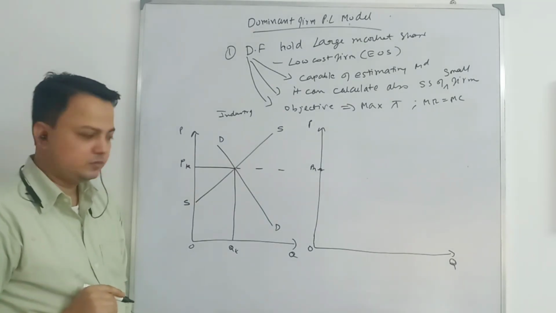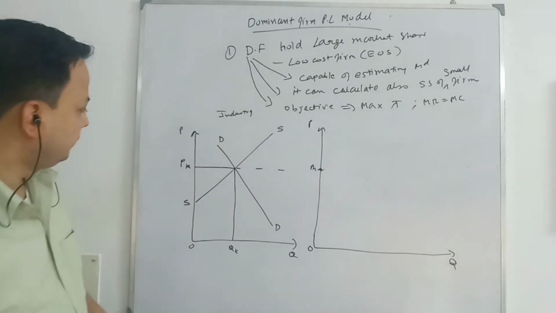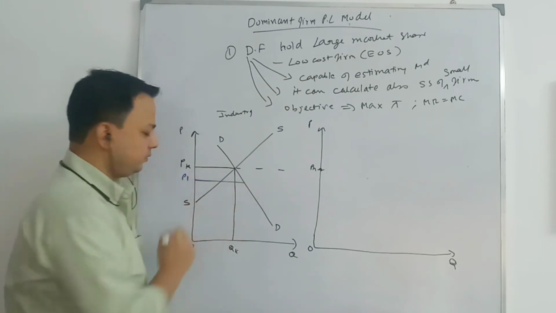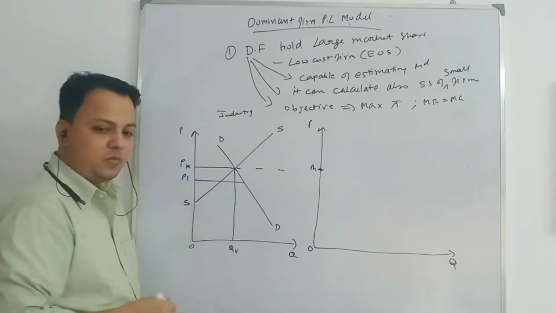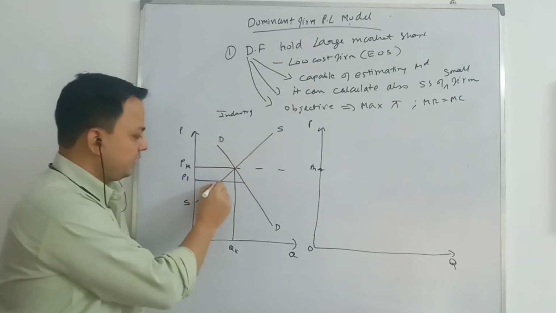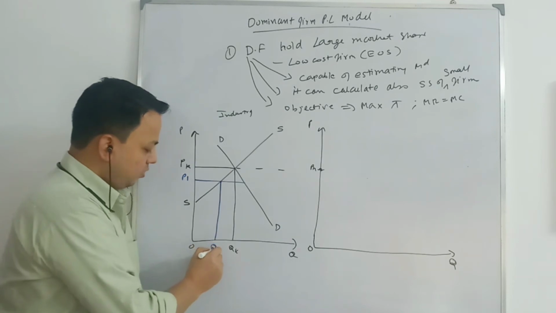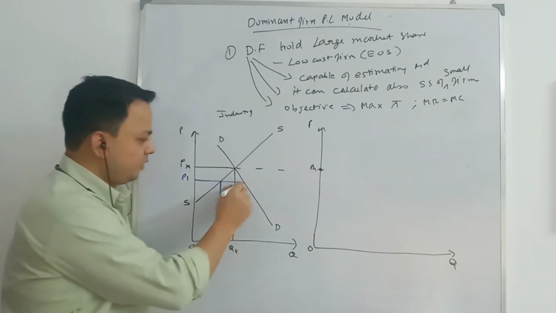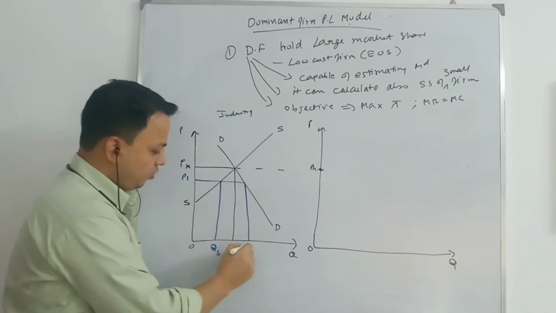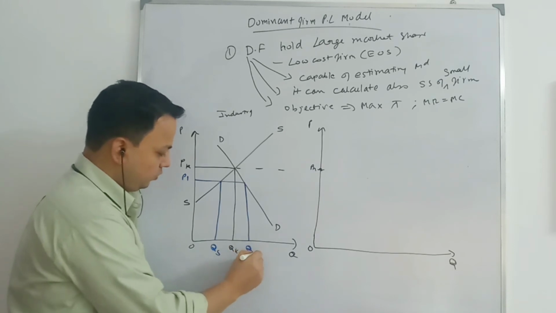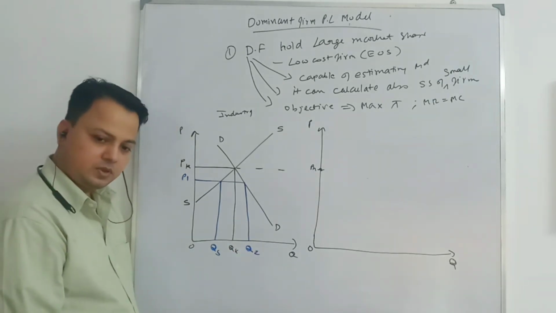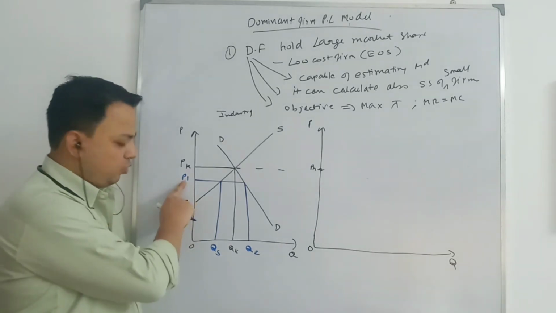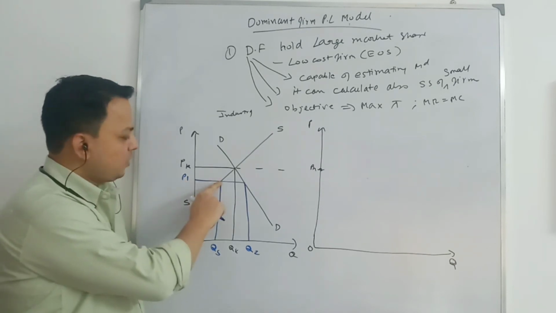Yes, no? Okay. Now look at the second point. If it sets price, say P1, how much will the small firms be supplying? They will be supplying OQS units of output. But how much is the demand? Demand is say OQ2. If the dominant firm is setting price P1, how much are the small firms going to supply?